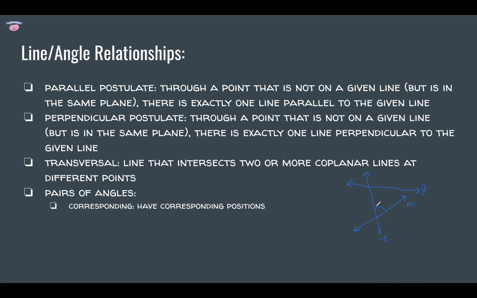this is the transversal that intersects with the line M. So when the transversal intersects with the line L, the exact same position, top right corner. And then there's this one, which is top left corner. That's the corresponding position of this one, top left corner.